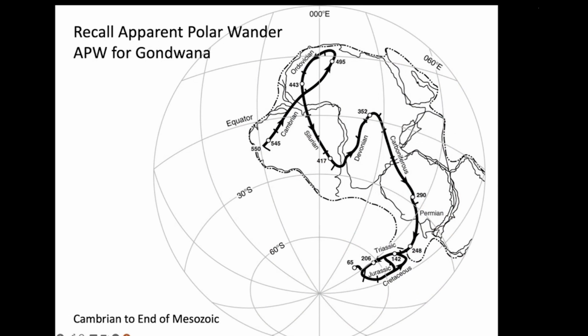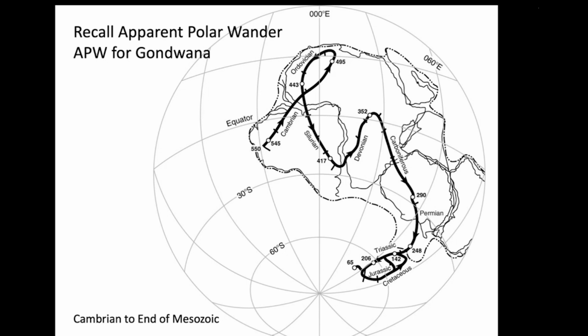All right, so recall the apparent polar wander path for Gondwana, right? So this is the end of the Precambrian, Cambrian, Ordovician, Silurian, Devonian, Carboniferous, Permian, Triassic, Jurassic, Cretaceous. Today, down here, that's Antarctica.